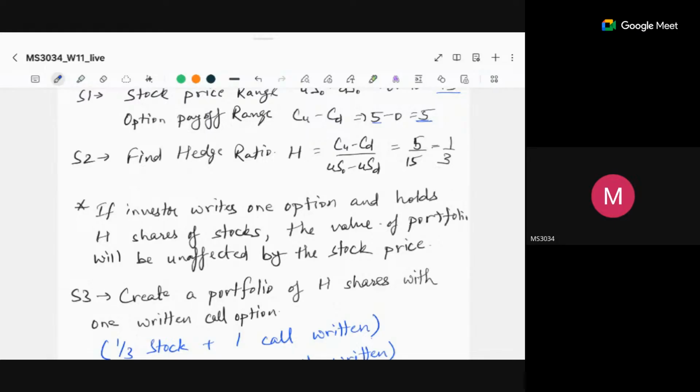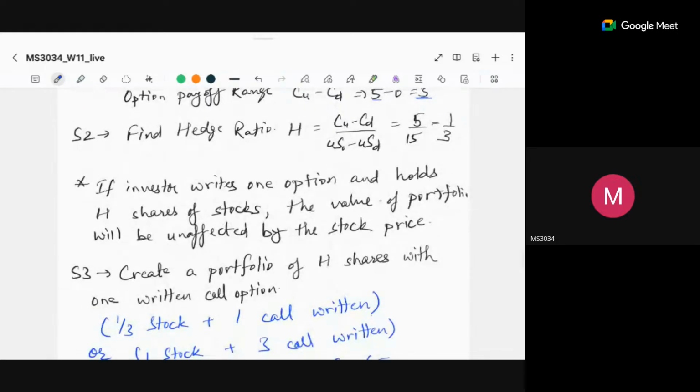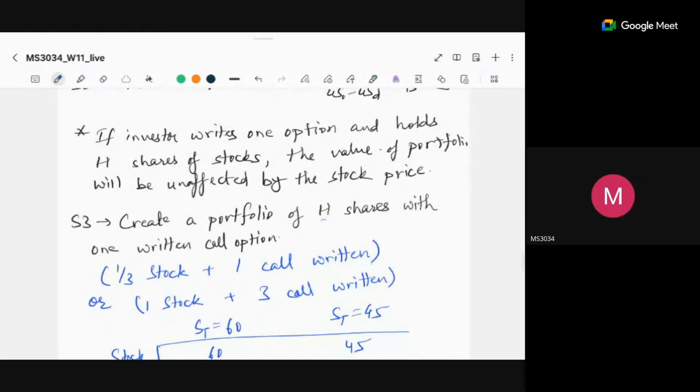That means whether the stock price is more than the exercise price or less, in both cases the payoff from this portfolio will be the same. So he will get a certain payoff. We will create a portfolio of H shares with one written call option. H shares means 1/3 share of stock plus one call option.